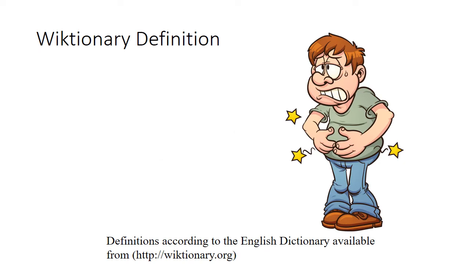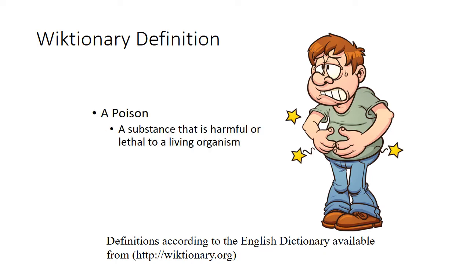Having said what I've said before, there's a dictionary definition of a poison which I took off the net. It's a substance that is harmful or lethal to a living organism. I'm not sure how close your definitions were to this, but that's the common definition of what a poison is.